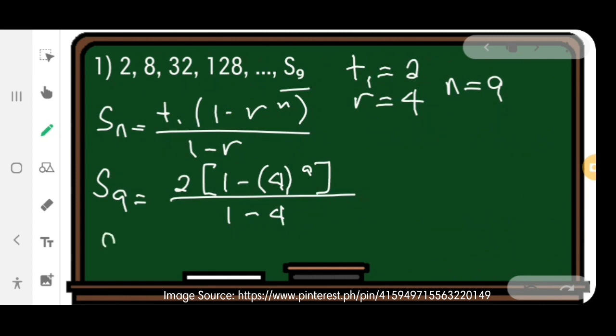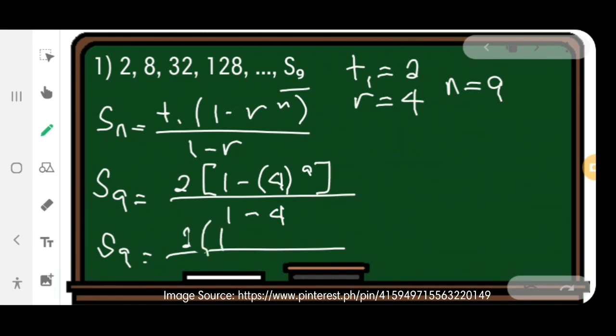Then simplify the given equation by following the order of operations. So, copy first 2, and then we are going to perform the operations inside the grouping symbol. So, we have subtraction and exponent. We are going to get first the power of 4 when raised to 9.